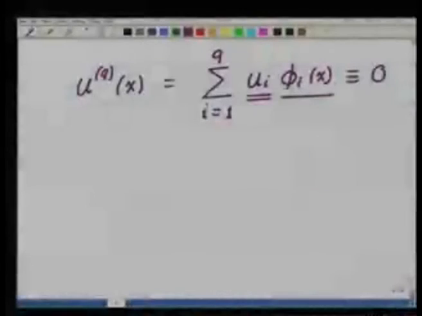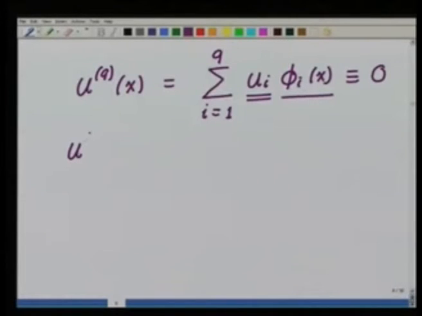So if this function u9 of x has to be 0 everywhere, it has to be 0 at the point xi also, which is equal to, from the summation, all other phi's will vanish there, only the ui will remain. This will be equal to ui.